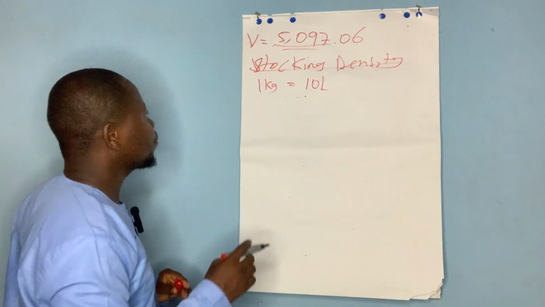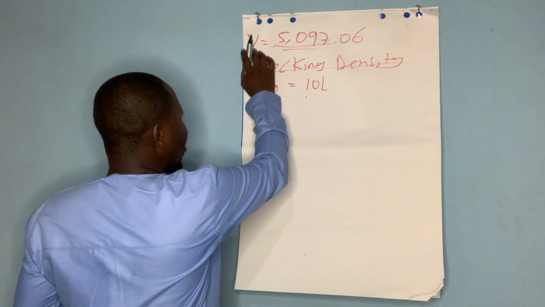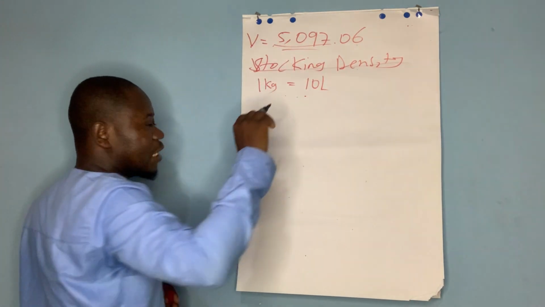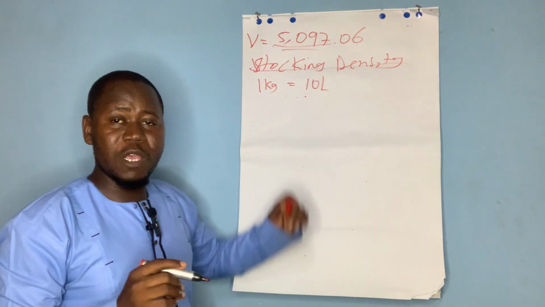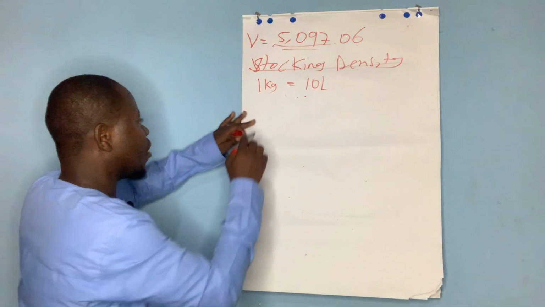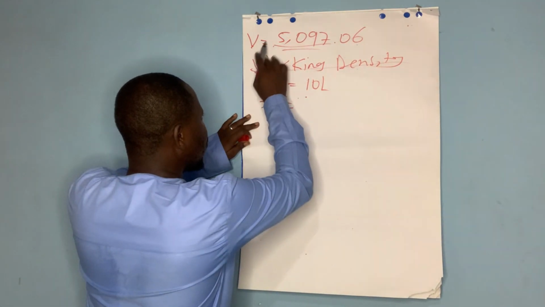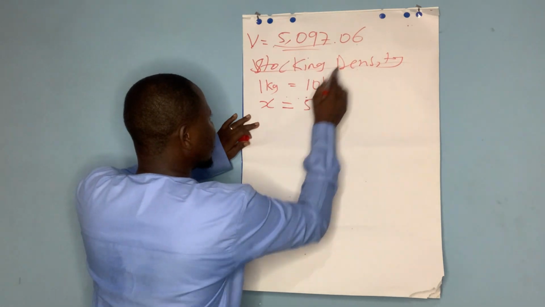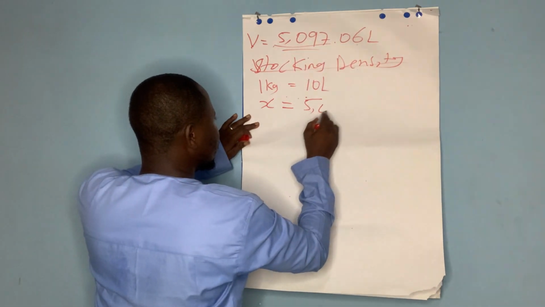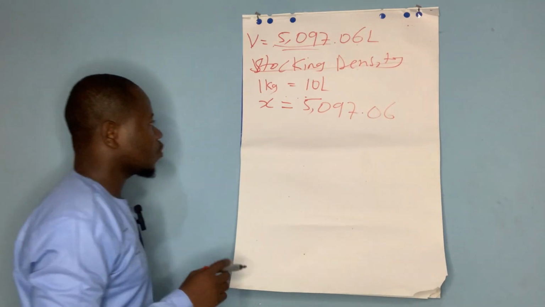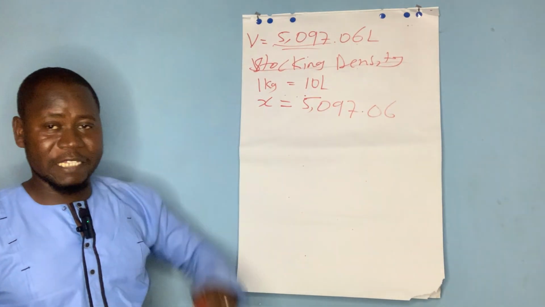So let's represent the number of fish that we have stocked with X. So we now say X is equal to 5,097.06. So how do we get our X?